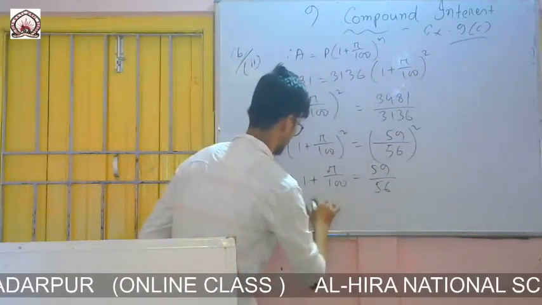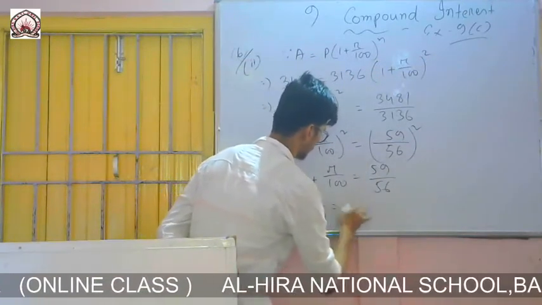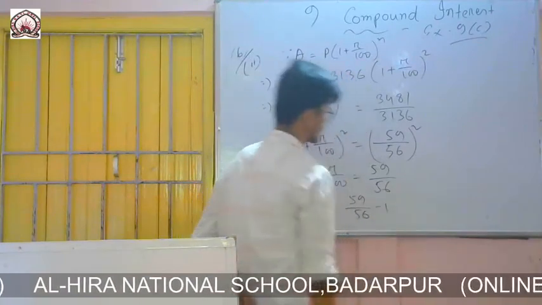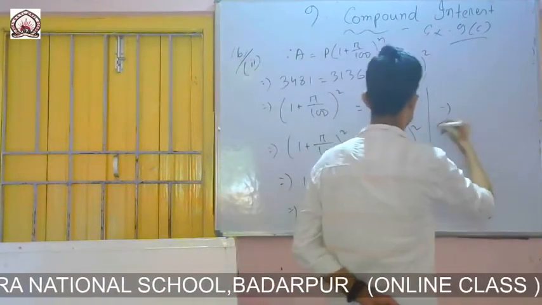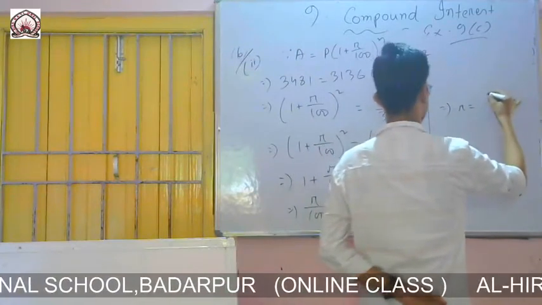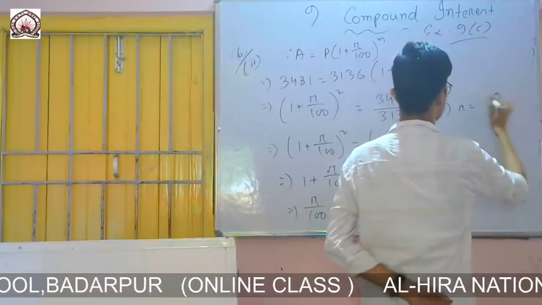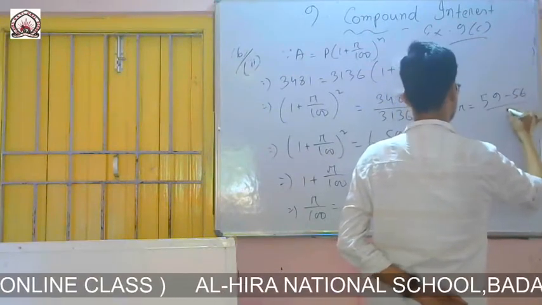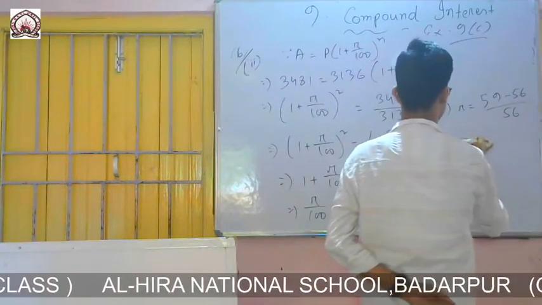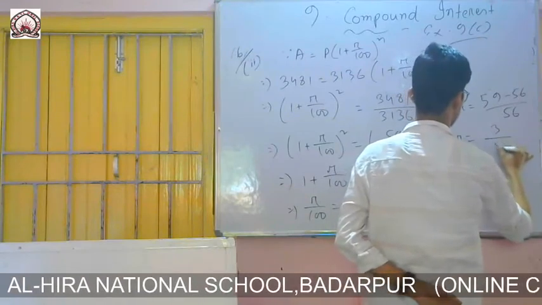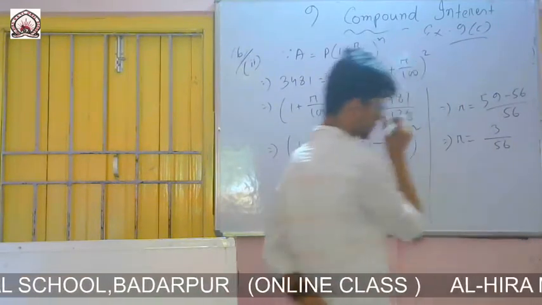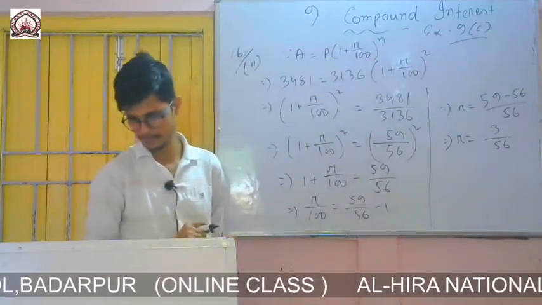So simply R by 100, 1 will be on this side, 59 by 56 minus 1. So R by 100 equals 59 minus 56 by 56, which is 3 by 56.